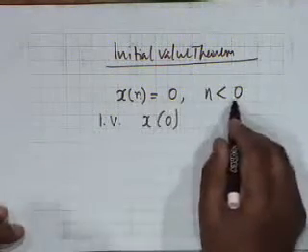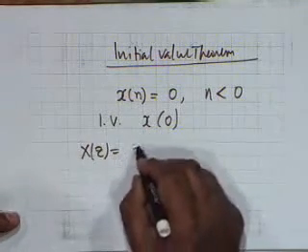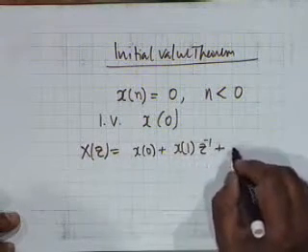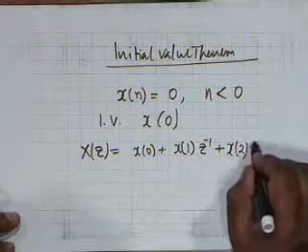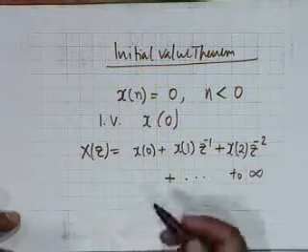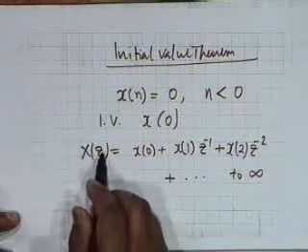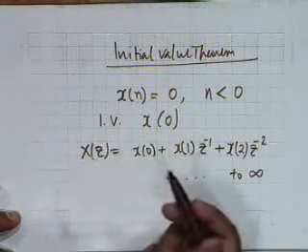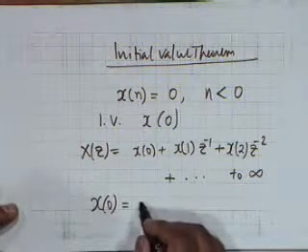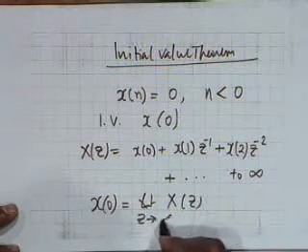And if x of n is 0 for n less than 0, then you notice that X of z is x of 0 plus x of 1 z to the minus 1 plus x of 2 z to the minus 2 and so on up to infinity. And it is obvious that the initial value x of 0 can be obtained from capital X of z by allowing z to go to infinity, and therefore the initial value theorem for Z transforms is limit capital X of z, z tends to infinity.